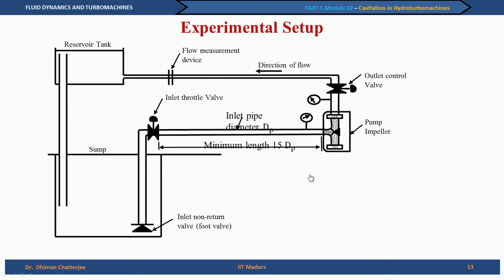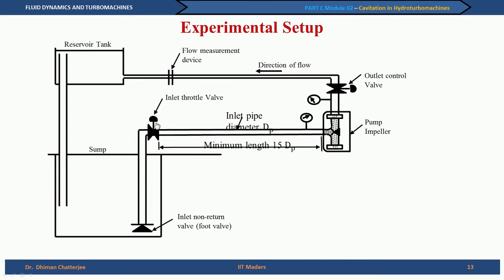You are trying to bring in cavitation. Please note that this is not an experiment to avoid cavitation, which is the real life scenario. This is an experiment you are doing to find out how badly the pump performs under cavitation. You want cavitation to happen, and in order to do that, you have to reduce NPSH available. One way of reducing NPSH available is by increasing the Hs loss.